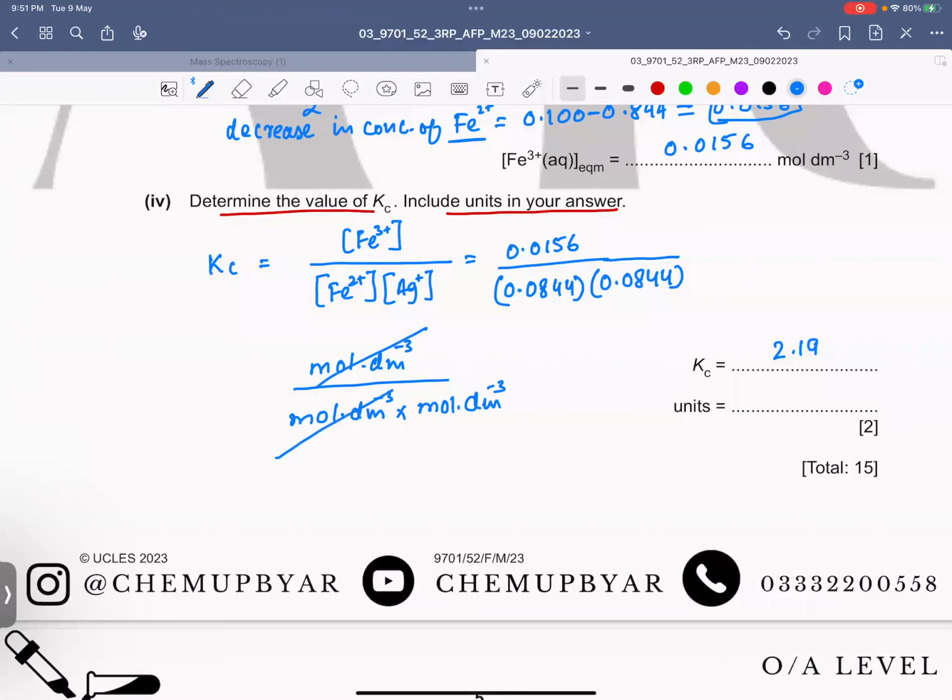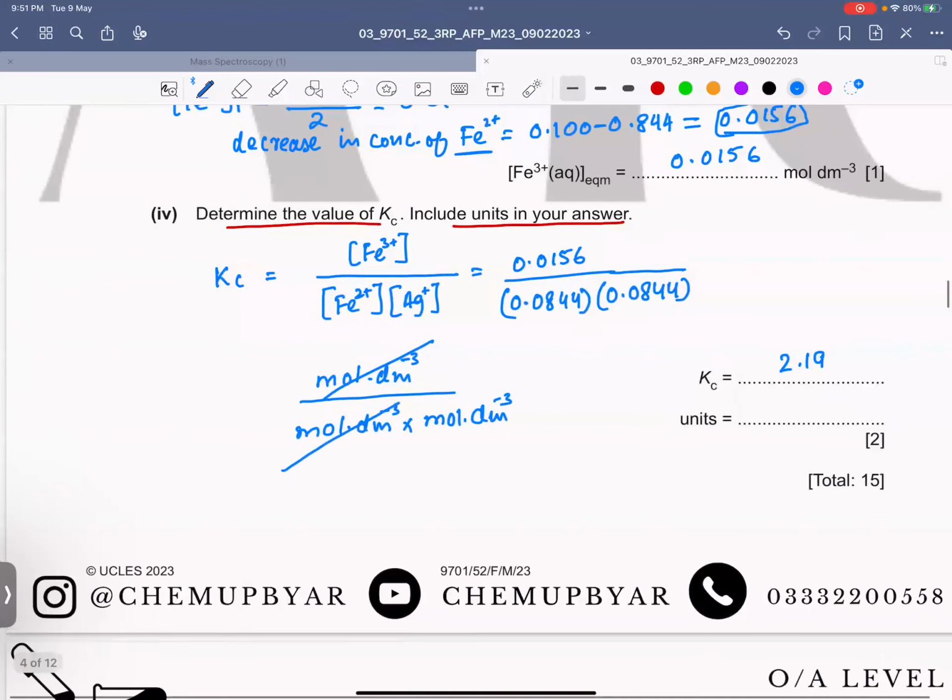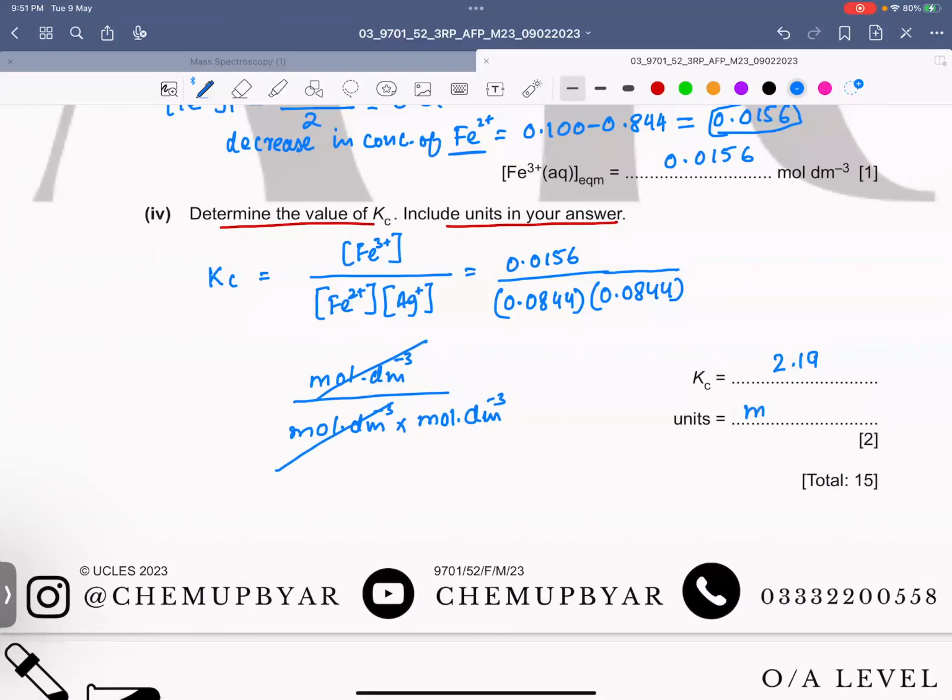So these two would cancel out and we are left with 1 over mole per dm cube, which turns into mole inverse dm cube. Is this clear to everyone? Yes, sir.